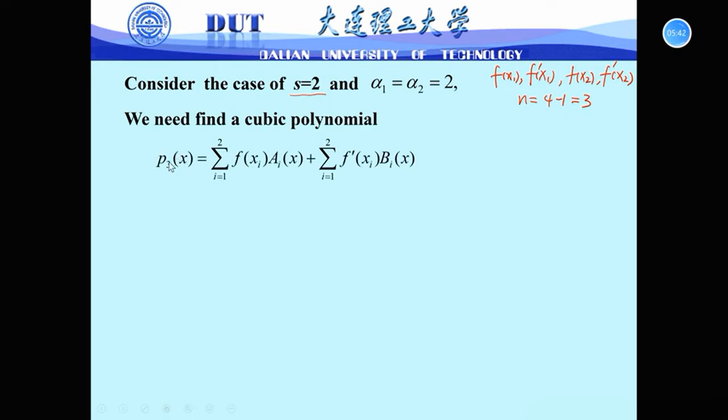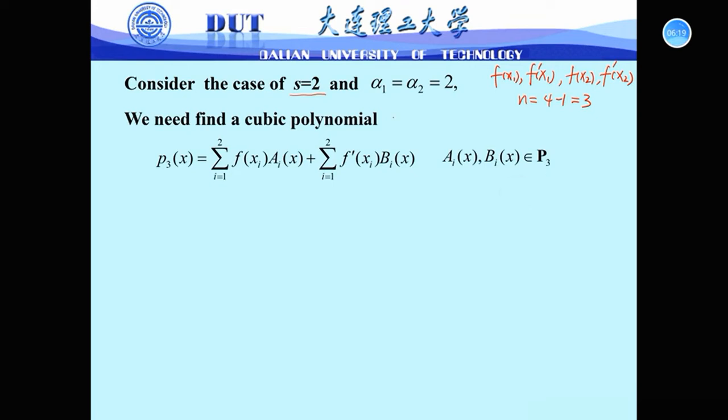We denote it by P3(x), equal to the sum of f(xi) multiplied by ai(x), i from 1 to 2, plus f prime (xi), the first order derivative at xi, i from 1 to 2, each derivative multiplied by another function bi(x). So ai(x) and bi(x) are also cubic polynomials.